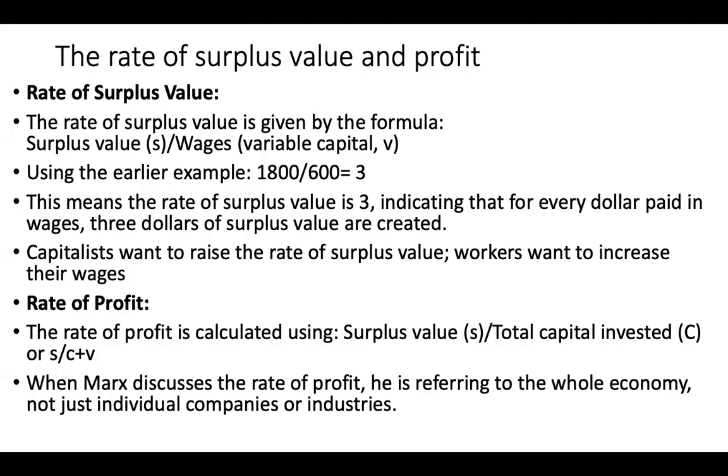The capitalist invests capital, which is used to purchase means of production and used to pay wages to workers. The means of production, Marx refers to as constant capital, or C. Variable capital is V. This is important for the formulas which we're about to discuss here.